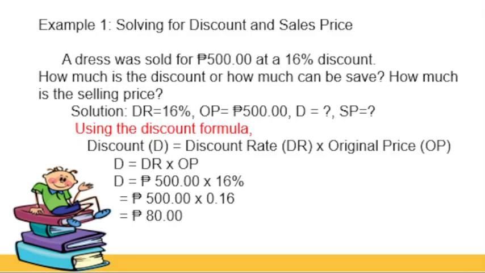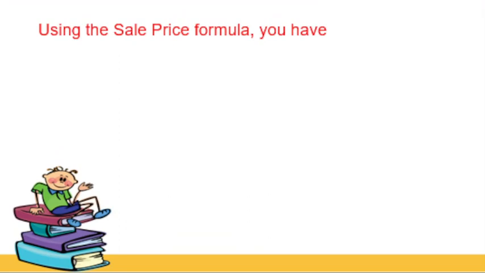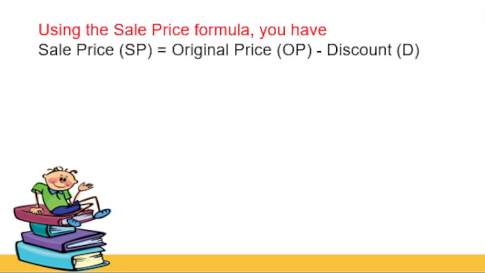Okay, now to solve for the selling price, we have sale price is equals to original price minus the discount. To write that in symbol, we have SP is equals to OP minus discount. And how much is our selling price?